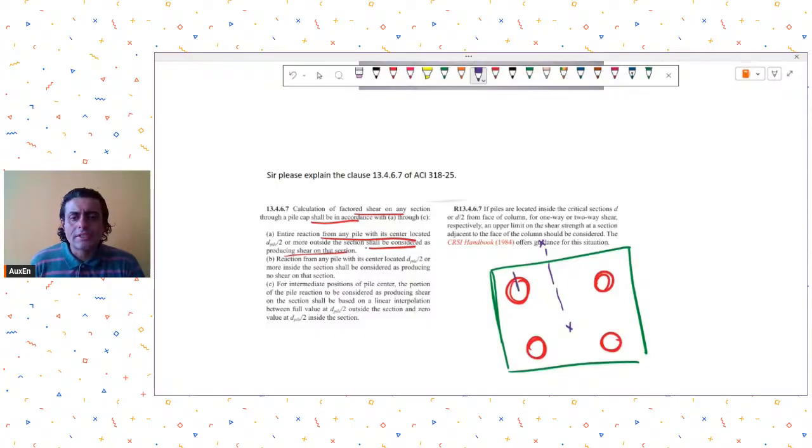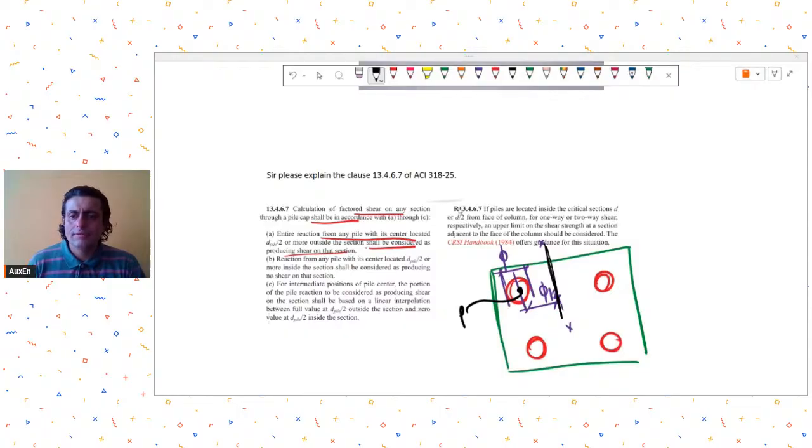So if this distance is more than phi/2, where phi is the pile dia, that means half the pile dia, then you consider whatever is the reaction on this pile. Let's say the pile reaction is P, then that entire reaction is assumed to be creating shear on this section XX. Is it clear what I just said?